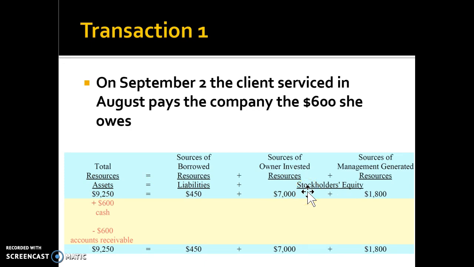If you're not familiar with it enough, you can go back to total resources, borrowed resources, owners invested resources, and management generated resources, and look at how that particular transaction affects our accounting equation. Write that down and ask yourself, is my accounting equation equal? Yes. And then I would look at what are the accounts that are affected because of this transaction. We know cash account, accounts receivable accounts, right?